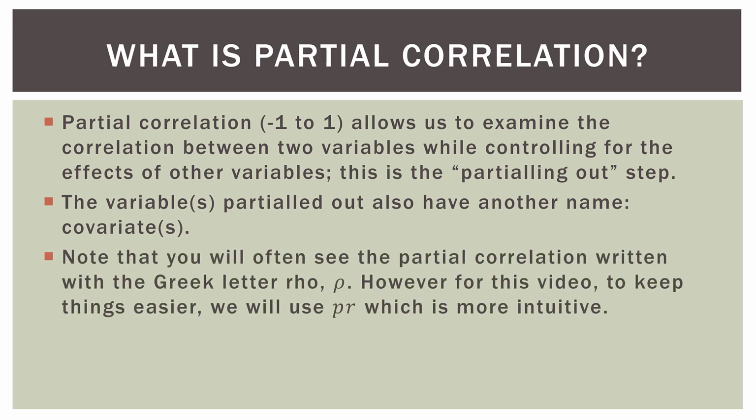Now note, when it comes to notation, you will often see the partial correlation written with the Greek letter rho, which looks like an oddly shaped lowercase p. However, in this video, to keep things easier, we will use PR for partial correlation, and you will see that in some textbooks. You'll see both. But we're going to stick to PR, which is a bit more intuitive for our uses.